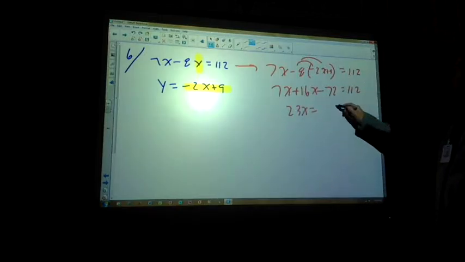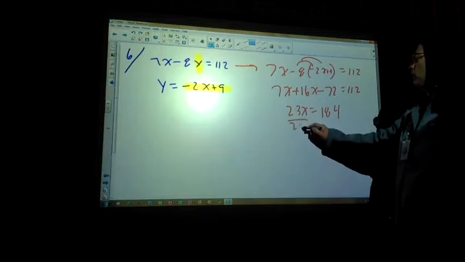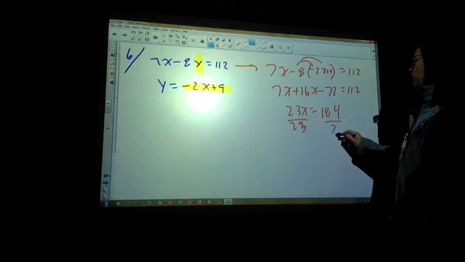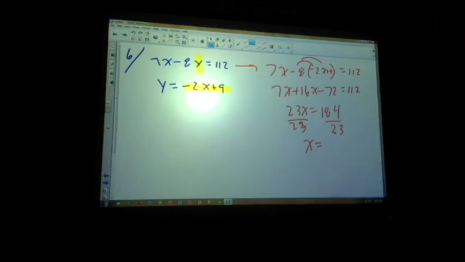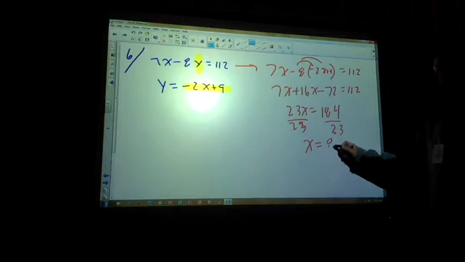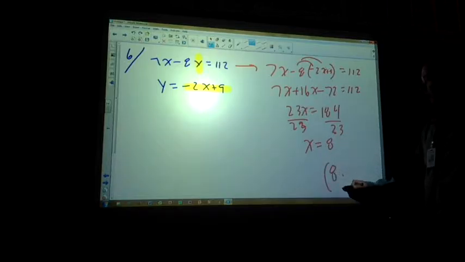Add 72, so that's going to be 184. Divide each side by 23. If you have a calculator, please do this. 184 divided by 23. 8. Perfect. I like when that came out nice and even. So I get an x value of 8.